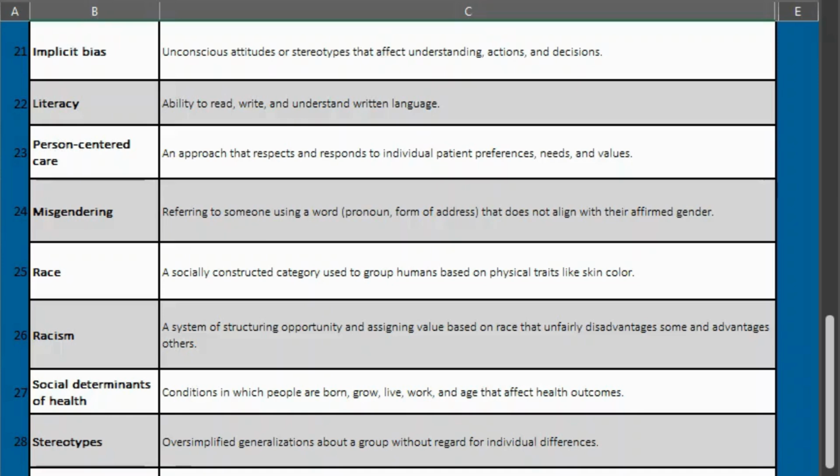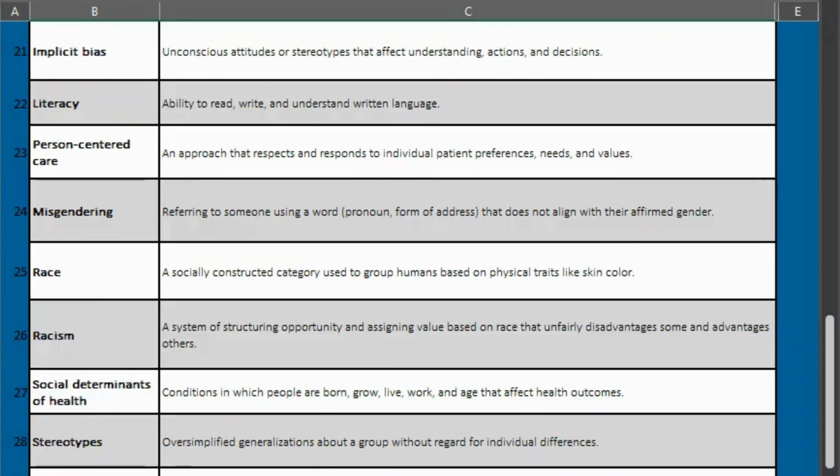Stereotype is an oversimplified generalization about a group without regard for individual differences, meaning assuming all, for instance, Asian patients prefer herbal remedies is a stereotype.